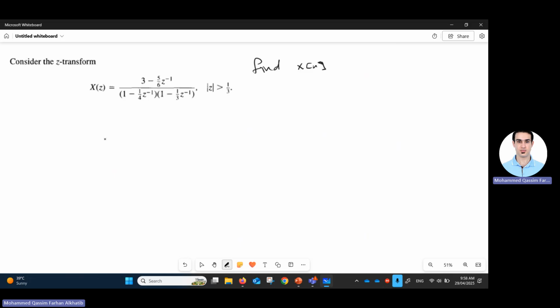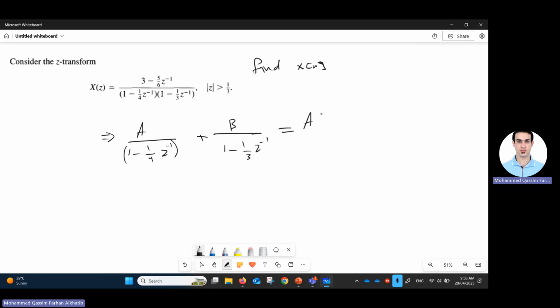But we can use partial fraction expansion to have it like A over 1 minus 1 over 4 z negative 1 plus B over 1 minus 1 over 3 z negative 1. And you can do cross multiplication.